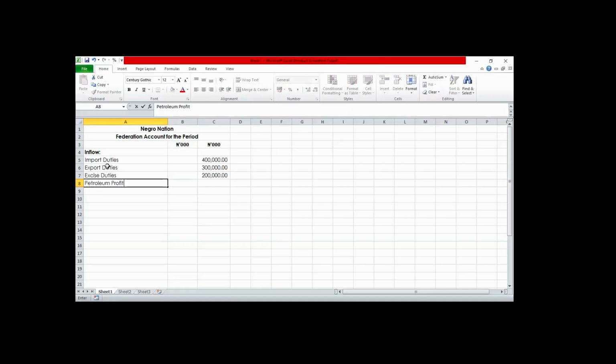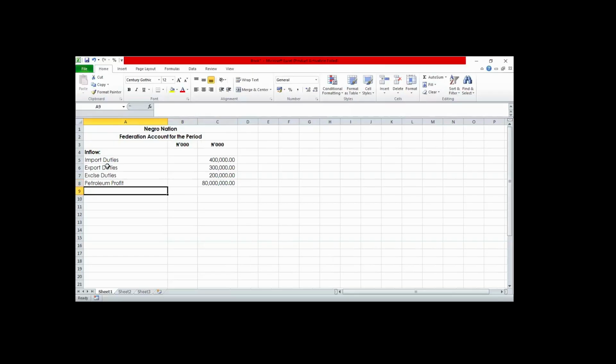How much is the petroleum profit tax? 80 million. What's the next one? Company income tax. How much is the company income tax?